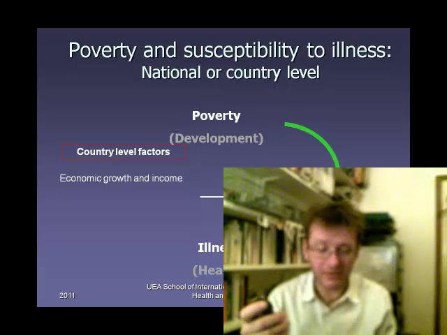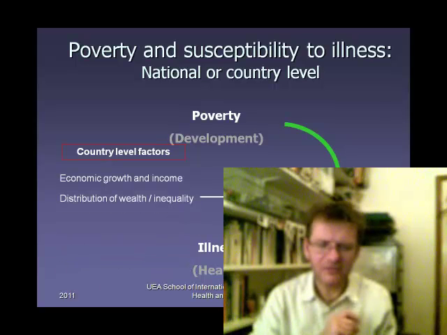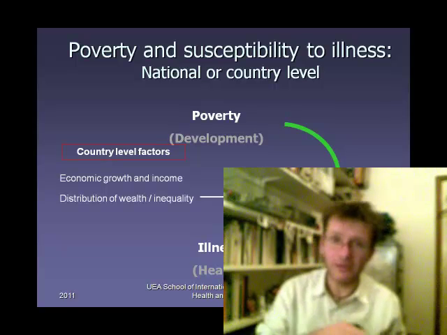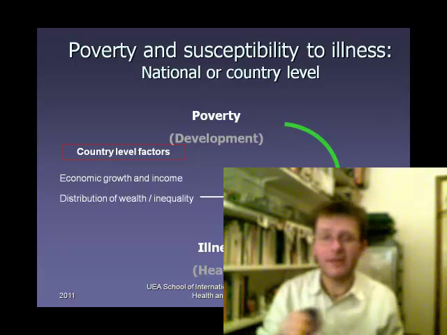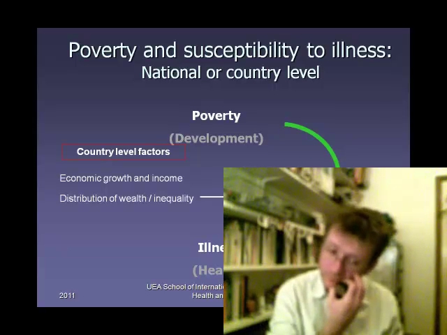Economic growth and income is one factor, but more importantly, it's the distribution of wealth. It's levels of equality or inequality that really drive health.